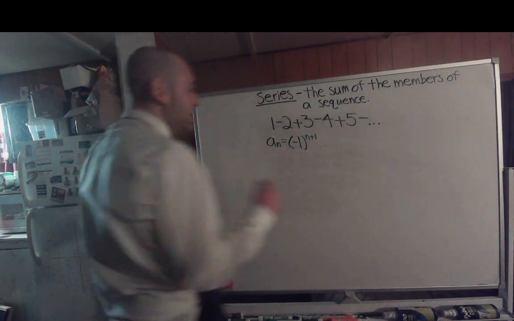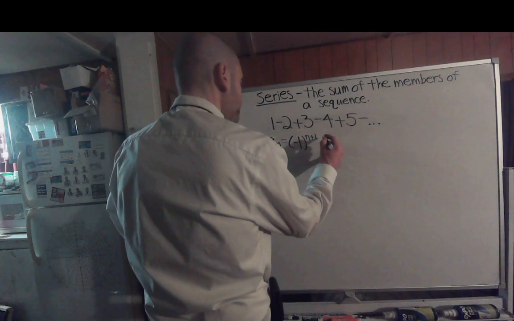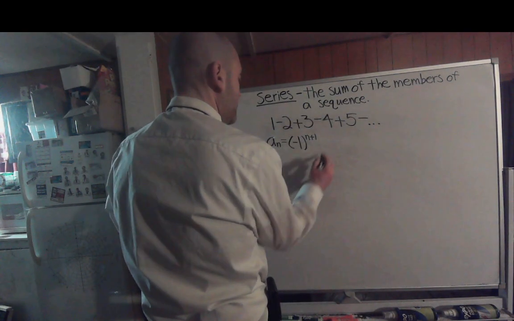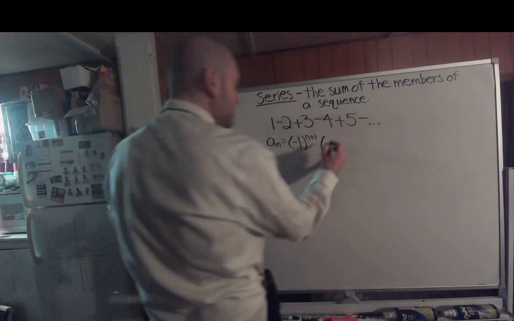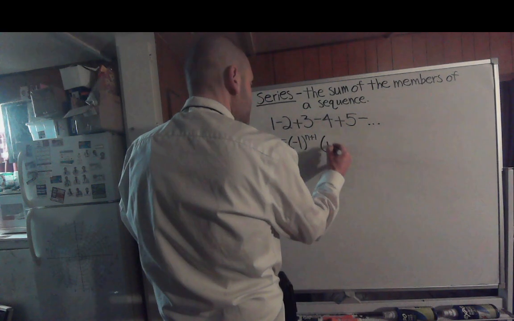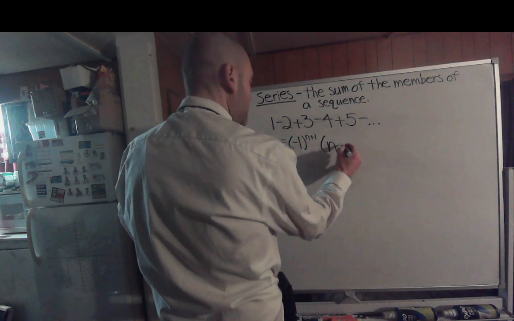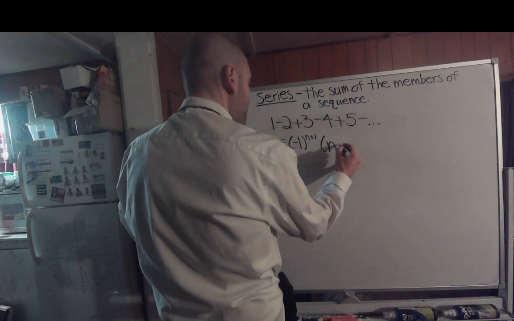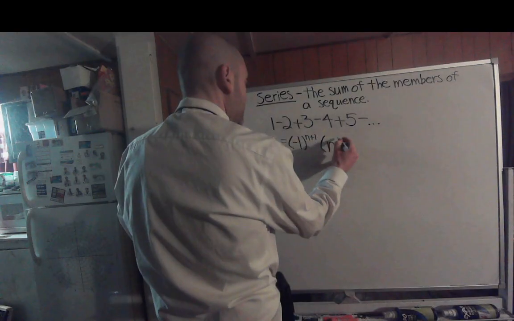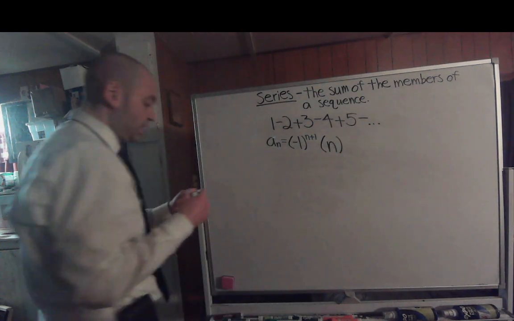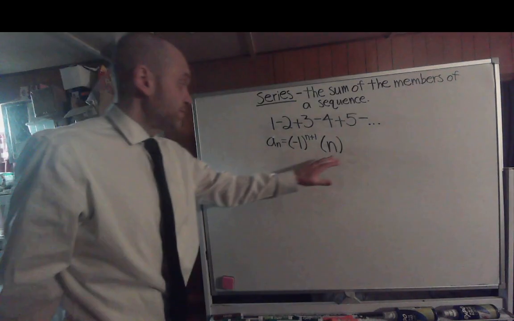Now, this also goes up by a difference of 1. I have a difference of 1. So it's going to be the number of the term I'm on. It will literally be the number of the term I'm on. So that's the formula.